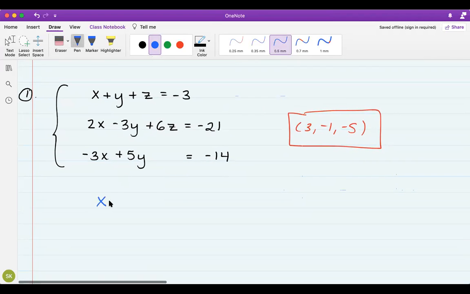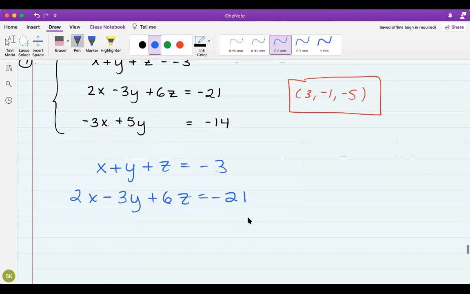So what you could do is say x plus y plus z is -3, and then we have 2x minus 3y plus 6z is -21, and you try to figure out which variable you want to get rid of. We wanted to get rid of the z variable. So here's our system. To get rid of z, notice that this one has 6z, so we need to multiply this equation by a -6.